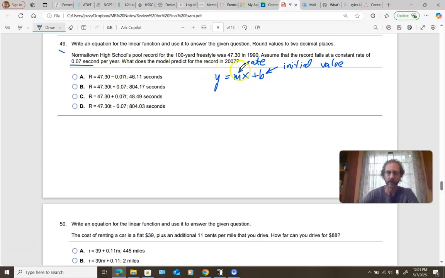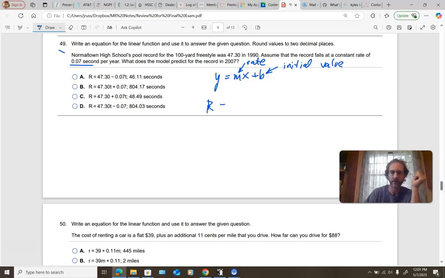Okay, so I've got x representing my independent variable, time, and I have y over here representing my dependent variable, the record. You can change those if you want, but like I've told you, in algebra classes x and y are typically the default variables used. I will go ahead and change these while I write this out.